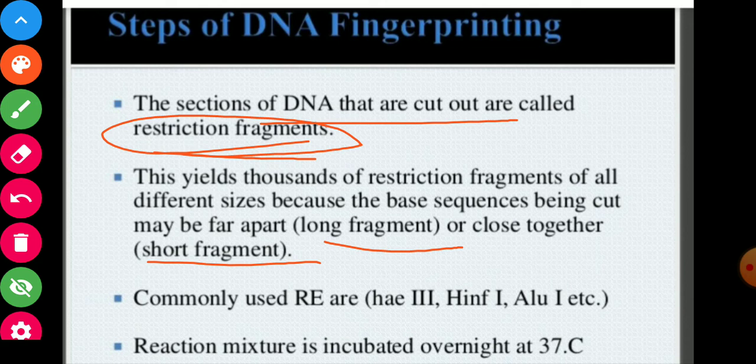Commonly used restriction enzymes include Haemophilus influenzae III, and some others are given. These are restriction enzymes used for different species to cut the DNA. The restriction mixture is incubated overnight at about 37 degrees centigrade.